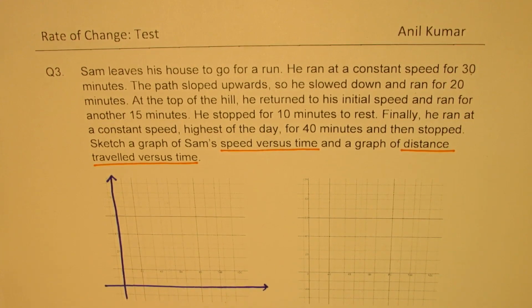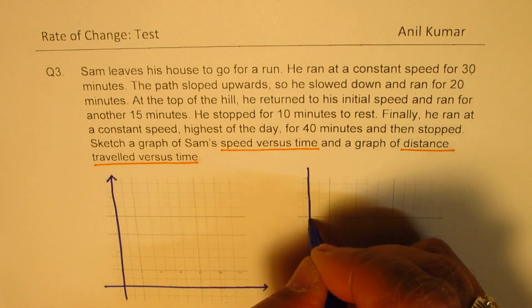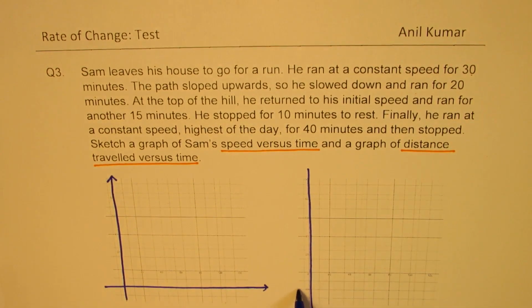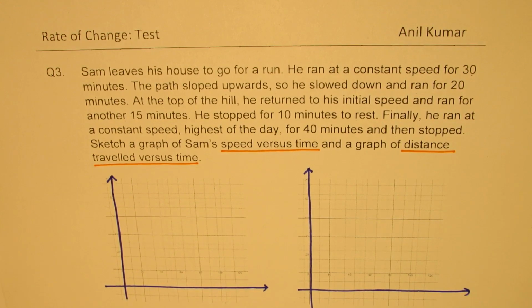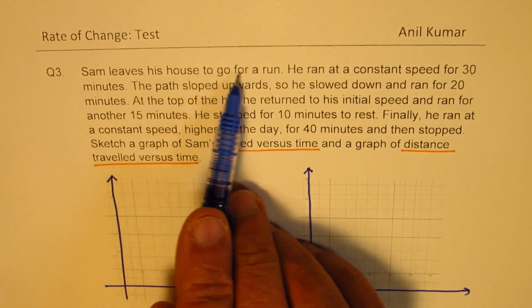Time, we'll keep it in minutes. On this side, we are going to plot distance with time. So let's think about velocities first, and then we'll translate the data on the graph. So it says Sam leaves his house and goes for a run.